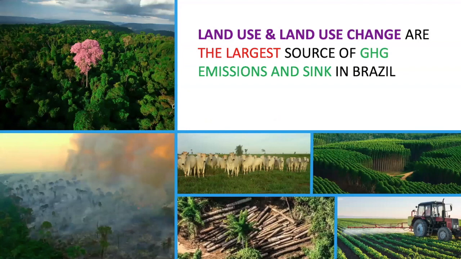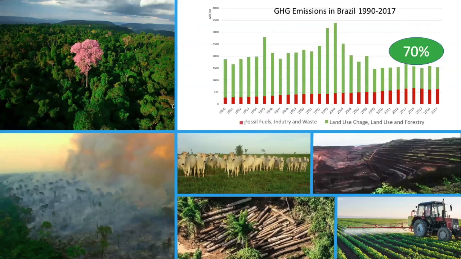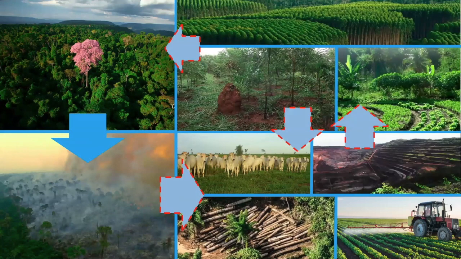We start from here. Brazil is the 5th largest emitter of greenhouse gas emissions, and land use is a big chunk of that. So for us, it's very important to understand what happened with land use.